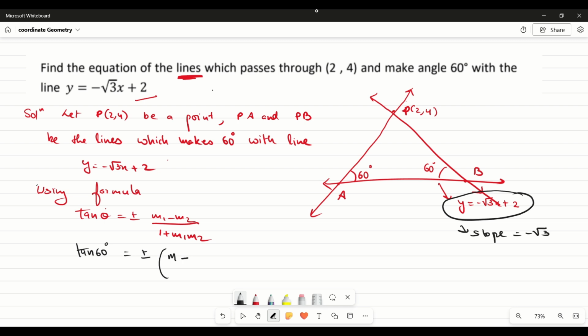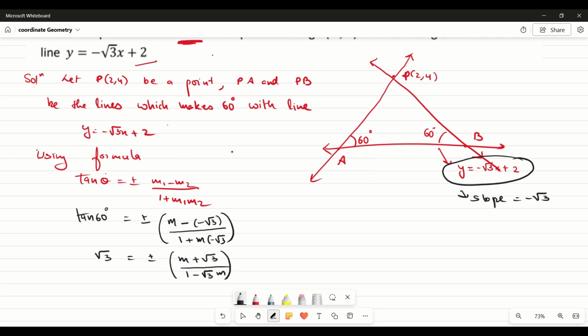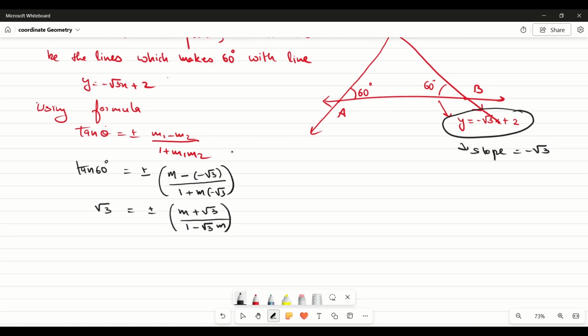So what's the slope of this line? The slope is minus root 3, so I can write m2 as minus root 3. Now what's tan 60? Tan 60 is root 3. So plus minus, it will be (m plus root 3) divided by (1 minus root 3 m). Now we'll take the positive value and the negative value, so you'll get two different values of m.